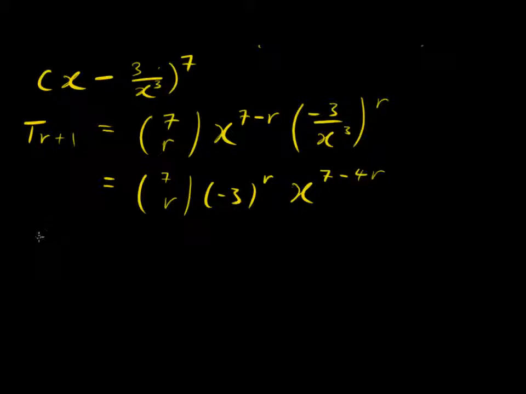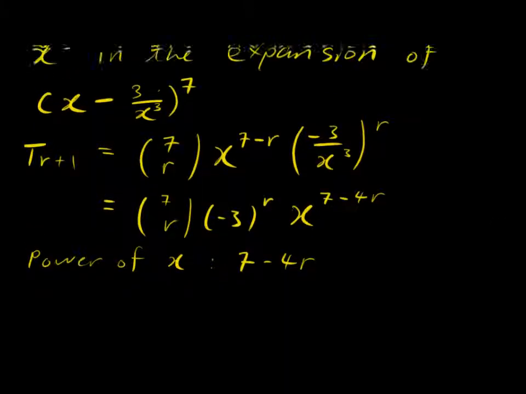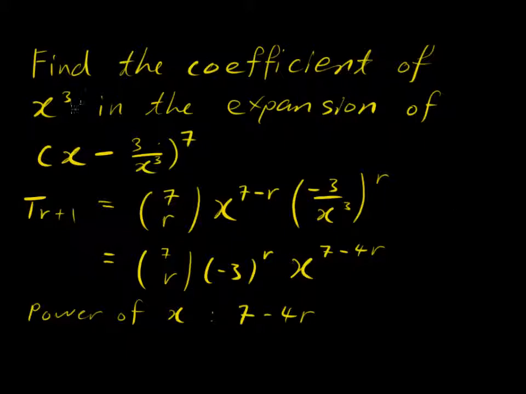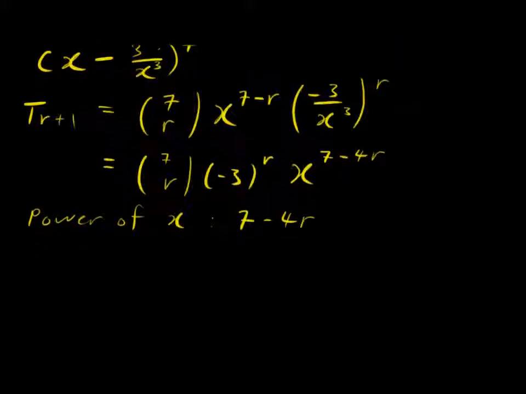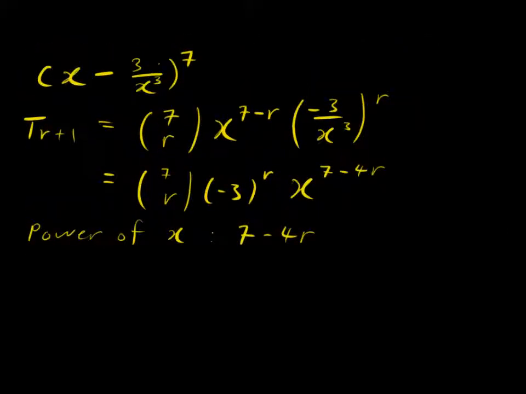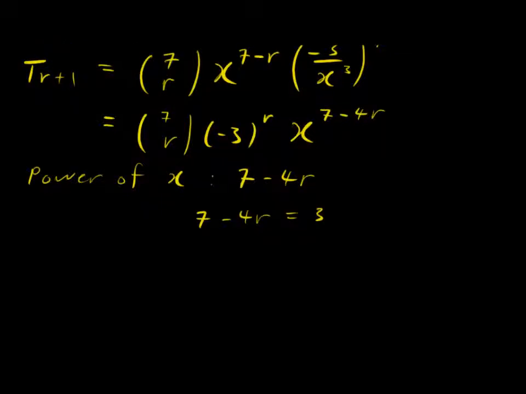And then we can say that the power of x is given by 7 minus 4r, and since we are only interested in the coefficient for x to the power of 3, when x has the power of 3, then 7 minus 4r equals 3, right? And that tells us which is the term that we really care about.